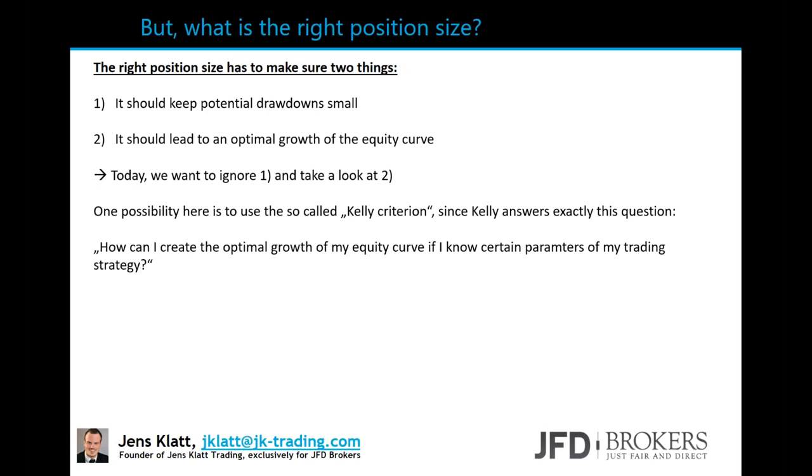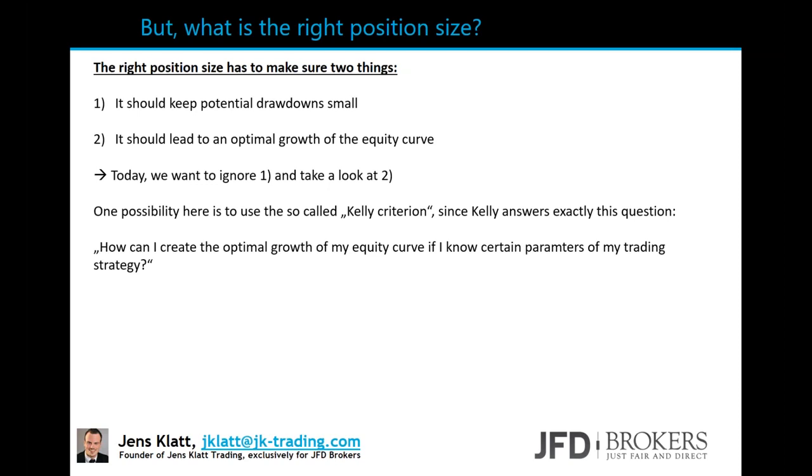And this, by the way, is something where you can see, oh, great, it will tell us how to optimize the capital growth. But obviously you also have to do a lot of homework here, since you have to formulate a clear trading strategy. If you do not have a clear trading strategy, you can't determine the position size adequately.